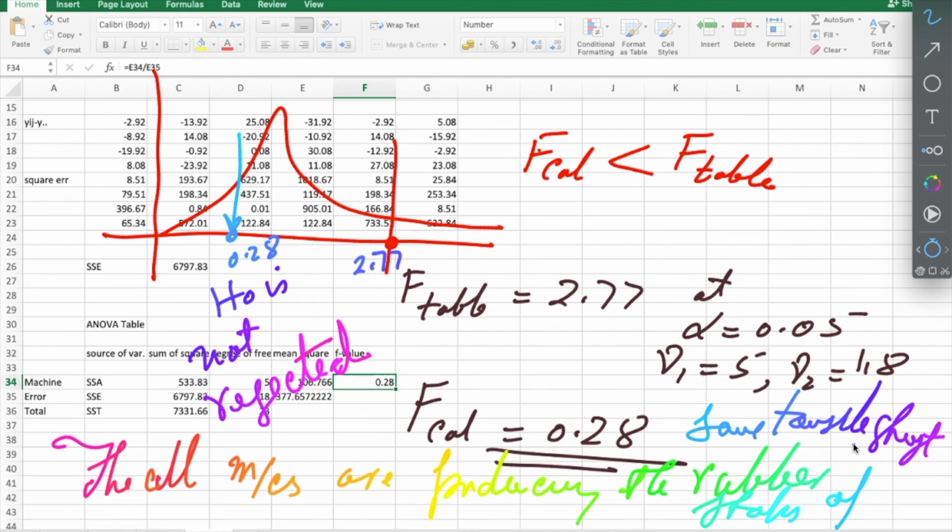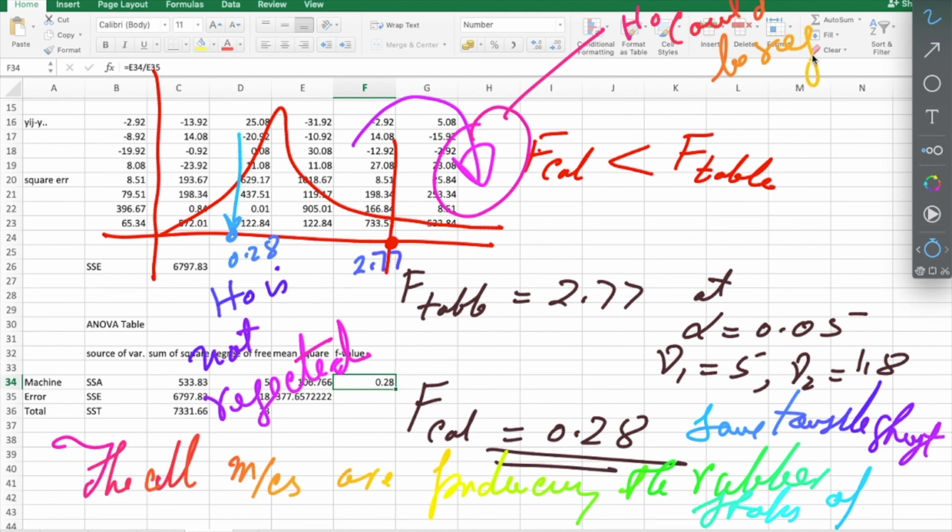That was our decision out of the ANOVA analysis. It could be the case that F value is more than the critical value, and only in that case can we say that H0 could be rejected.